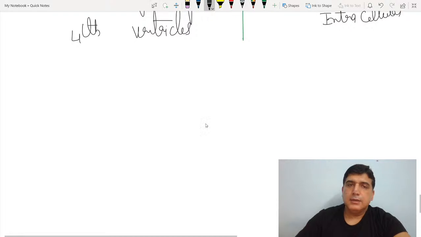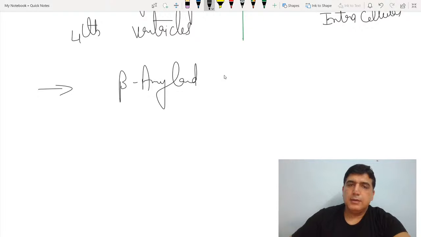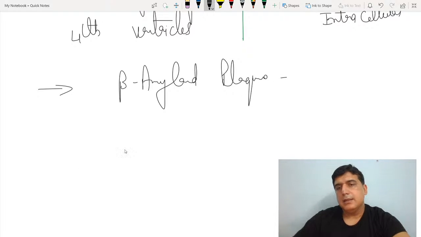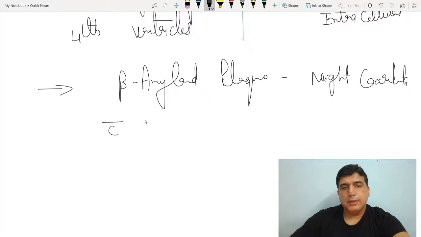Guys, beta amyloid plaques might correlate with cognitive impairment.